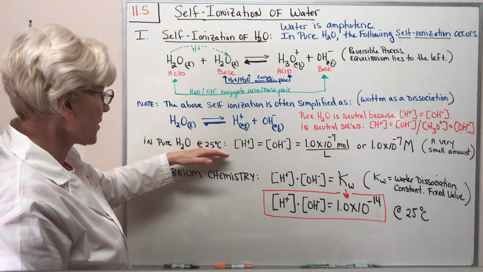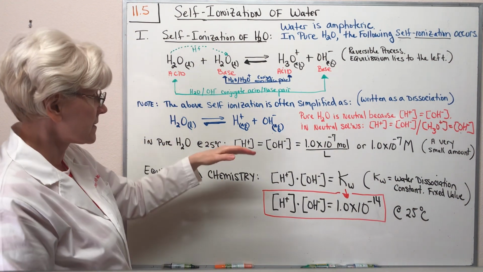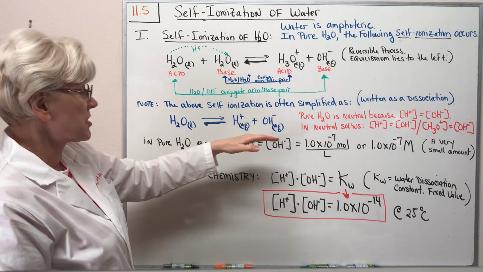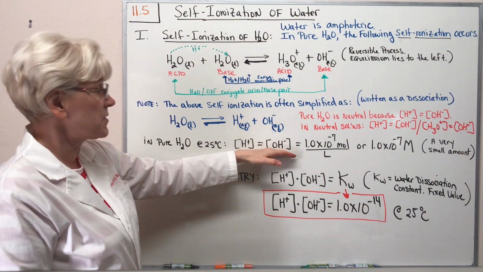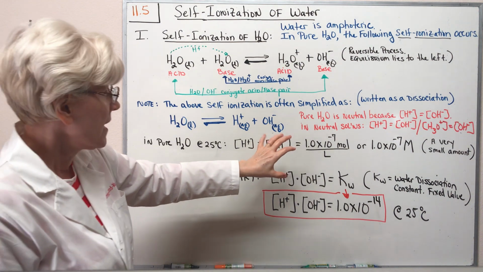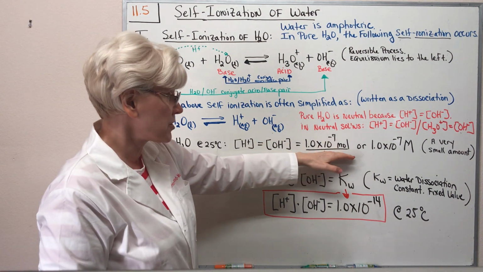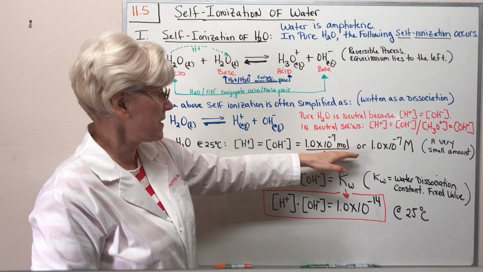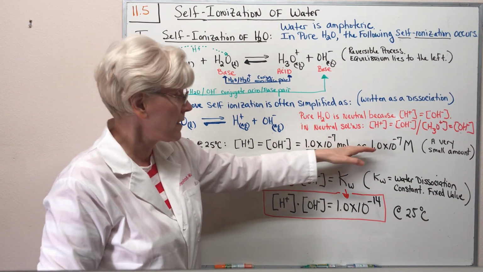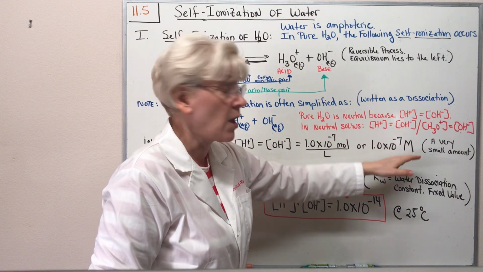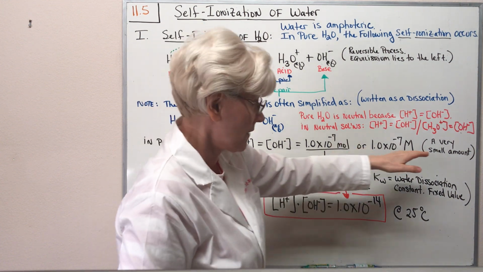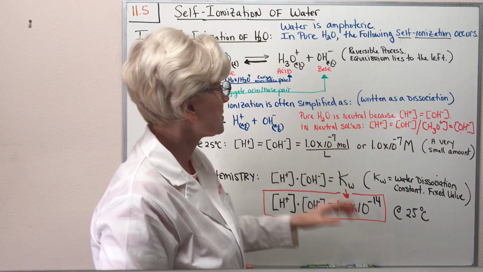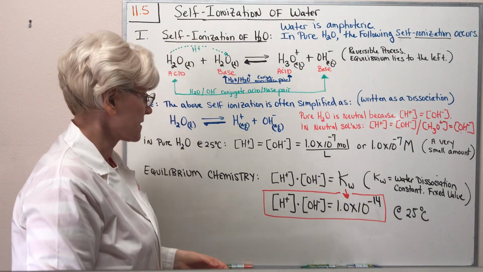In pure water at 25 degrees Celsius, the hydrogen ion concentration is equal to the hydroxide ion concentration, and those concentrations are measured and found to be 1 times 10 to the minus 7 moles per liter, or 1 times 10 to the minus 7 molar, which is obviously a very small amount, as we stated previously.